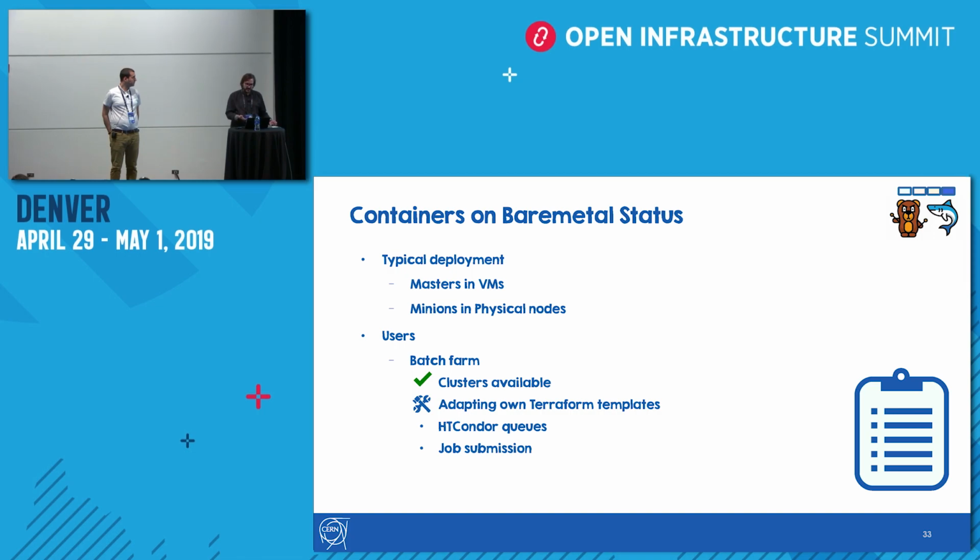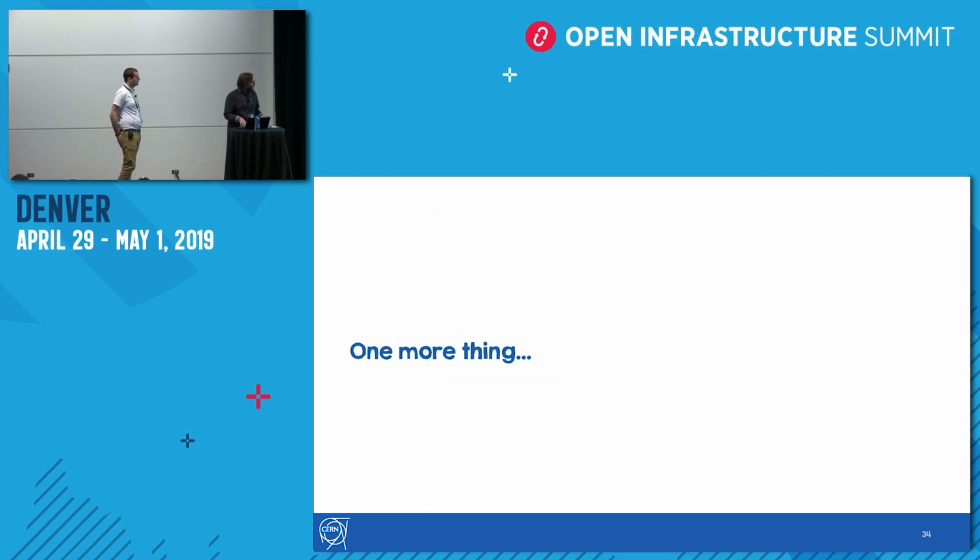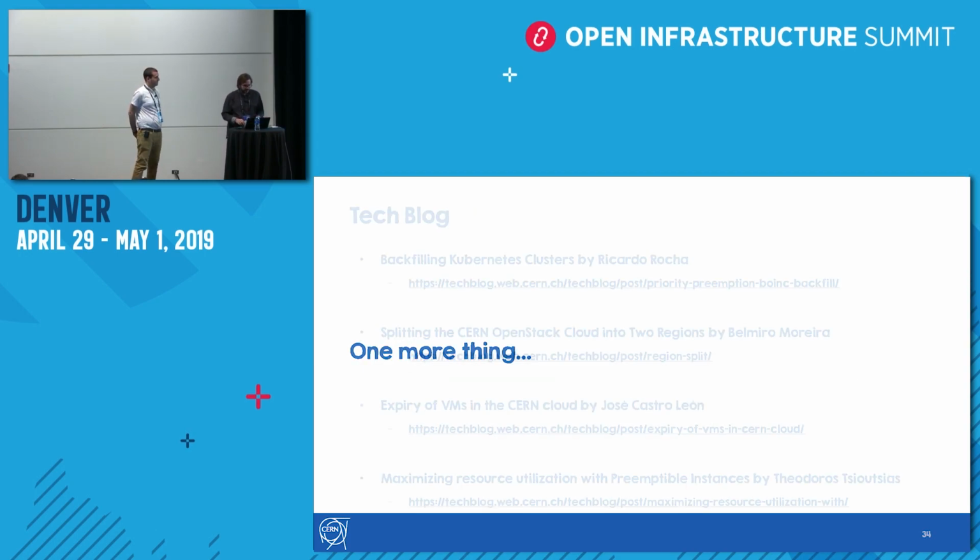Regarding the OpenStack integration, everything is complete from the OpenStack point of view. So if you have Ironic and Magnum deployed, you can just use it and have a similar setup like the one that we have.